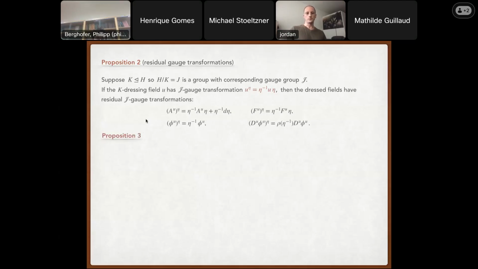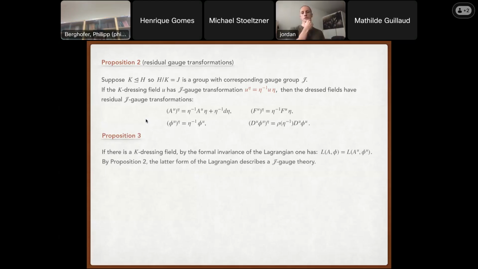And so the next proposition that follows is that since the K dressing field takes value in a subgroup of the structure group, of the global symmetry group, the formal invariance of the Lagrangian guarantees that you can rewrite the Lagrangian in terms of the dressed variables, the invariant fields that you've built. And therefore, by proposition 2, it follows that the rewritten or dressed Lagrangian is actually a J gauge theory, right?